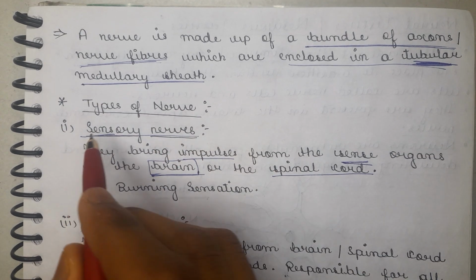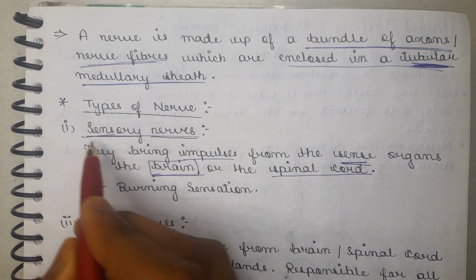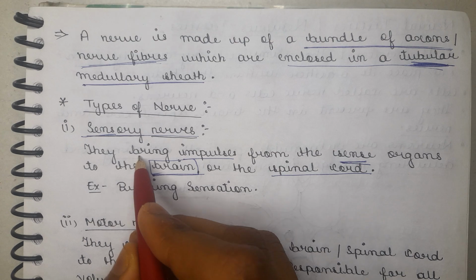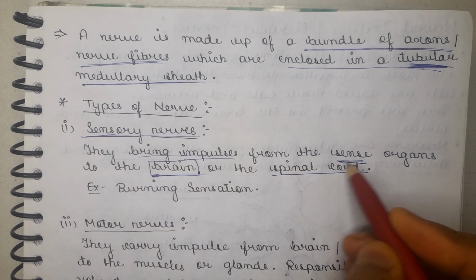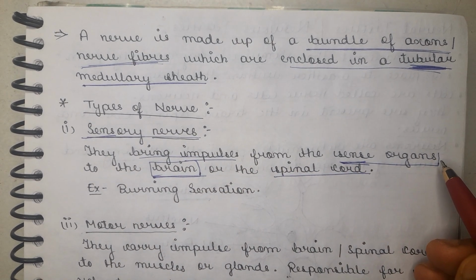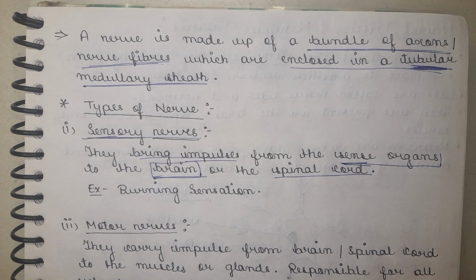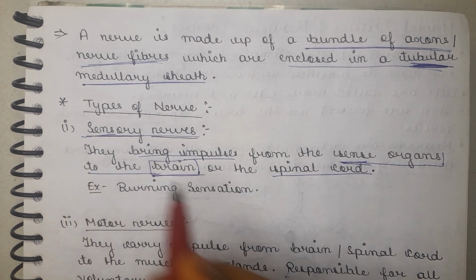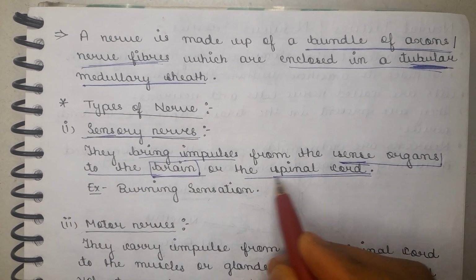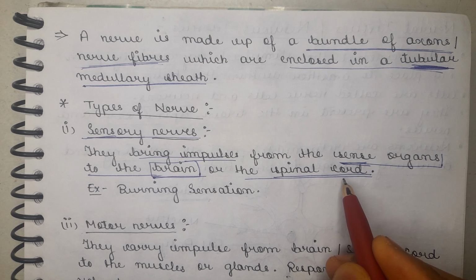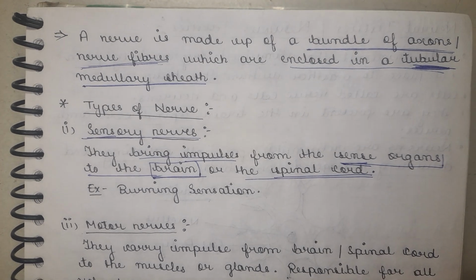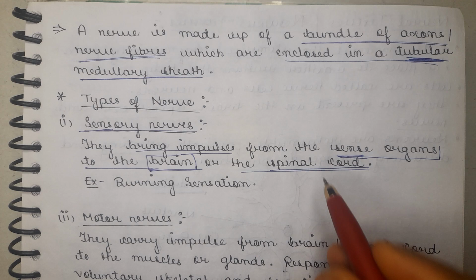Now the name defines it: the sensory nerves mainly bring all the messages or impulses from the sense organs, like our nose, hand, skin, and so on, to the brain or to the spinal cord, when there is any requirement for sudden action.